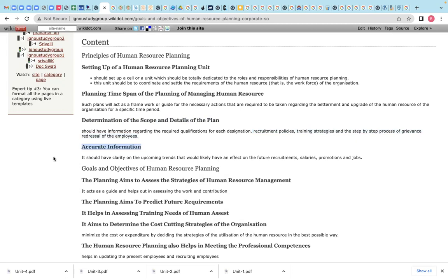And the last thing is accurate information. It's not just about how you are going to deal with the operational process. It should also be on top of the future things that might affect the planning or the overall organization. So it needs to know what the future recruitments would be, and what effect they would have in terms of salaries, promotions, and jobs of the people. That kind of information, which indicates what is going to come in future, is also something that this planning unit needs to get. So these are the 4 principles of human resource planning.